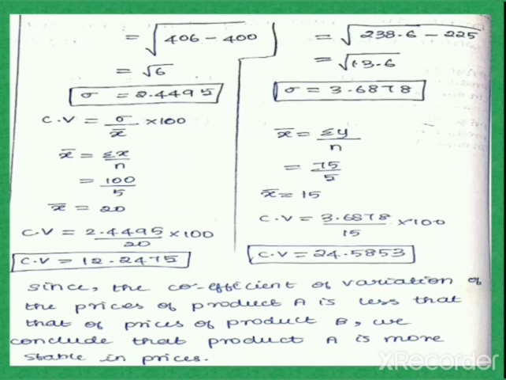So compared with your x value, y is greater. Since the coefficient of variation of the price of product A is less than that of the price of product B, we conclude that product A is more stable in prices.